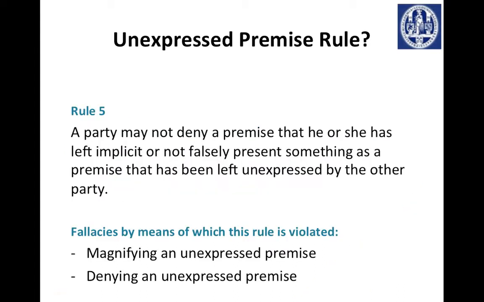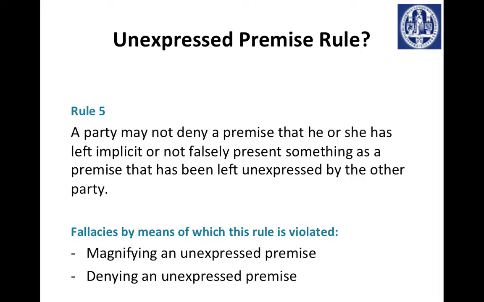So let me return to the rule and its possible fallacies. A last thing that I want to say about this rule, and specifically these fallacies, is that the fallacies look very much like a straw man fallacy. And those fallacies were violations of the standpoint rule, which is rule 2 for critical discussion.